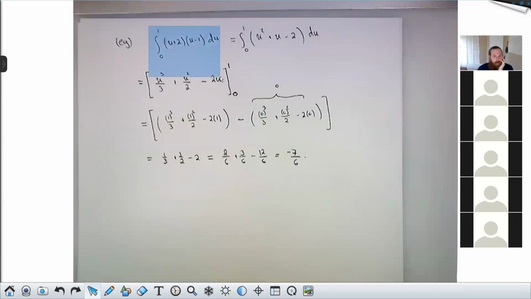Maybe some of the area that's being measured here is being measured as positive because it's above, and some is below, so it's being measured as negative. And since the total answer here is negative, that means there's got to be more area beneath the horizontal axis than above. So this function, on average, spends more time below than above, at least between 0 and 1.